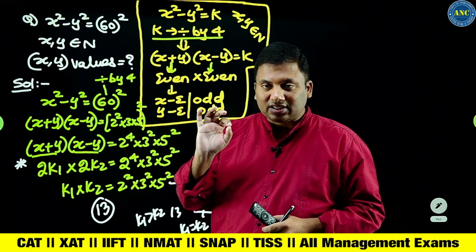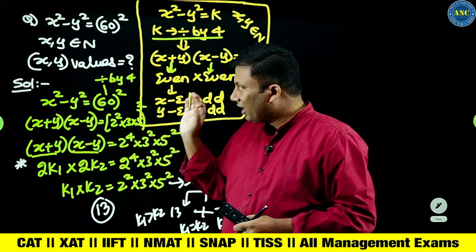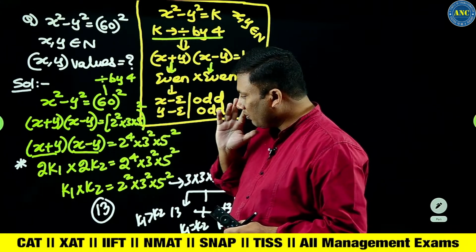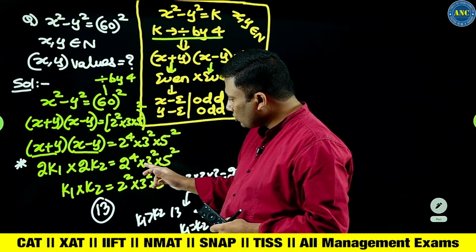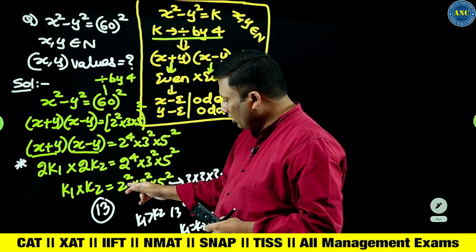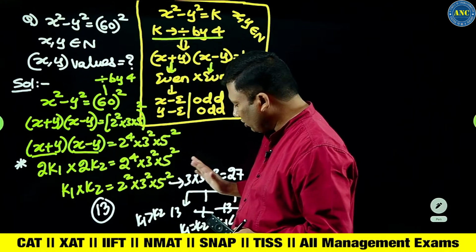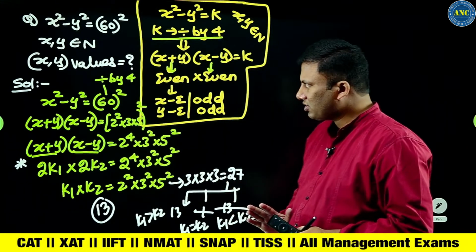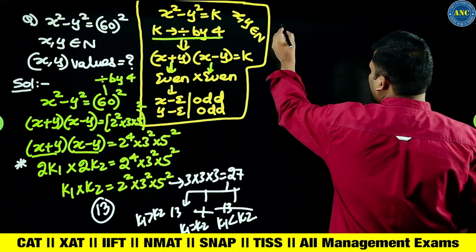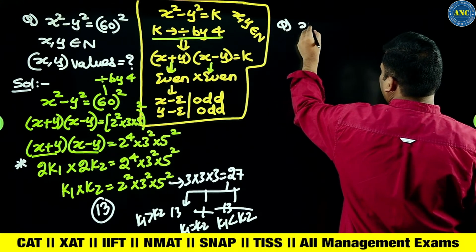If the right hand side is divisible by 4, keep it divisible by 4. So this will be 2 square into 3 square into 5 square, 3 into 3 into 3, 27. Then the process remains the same.